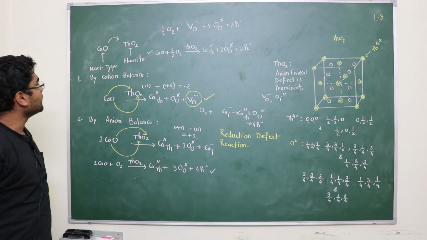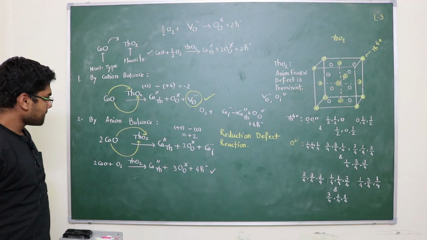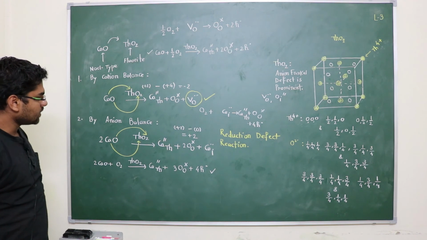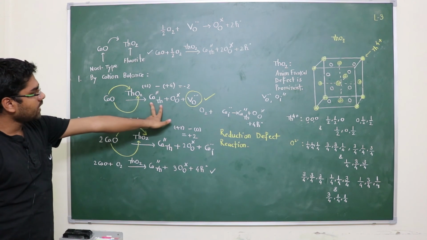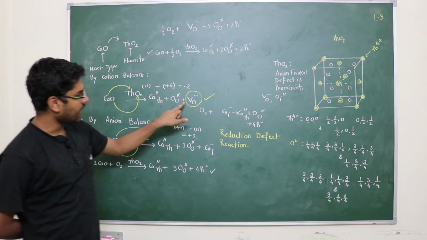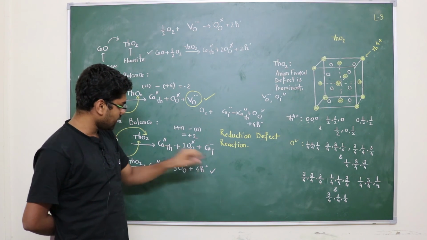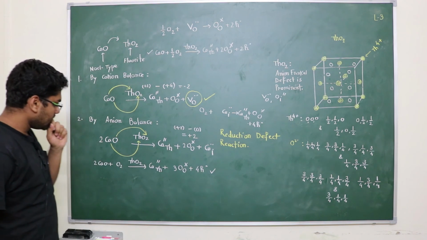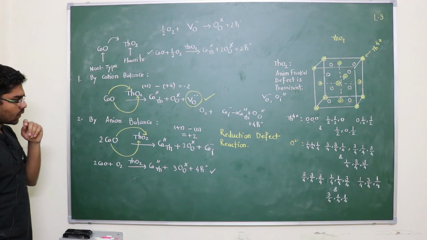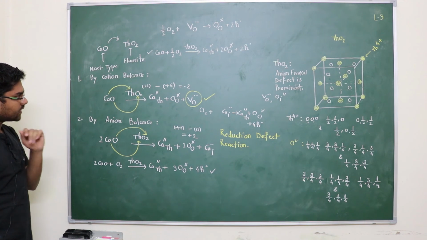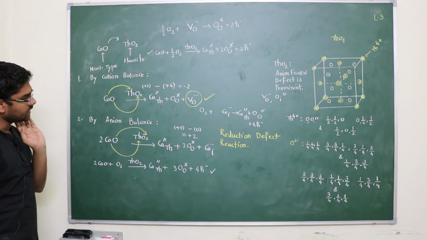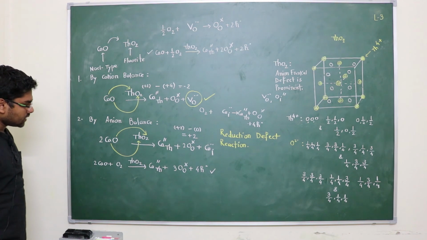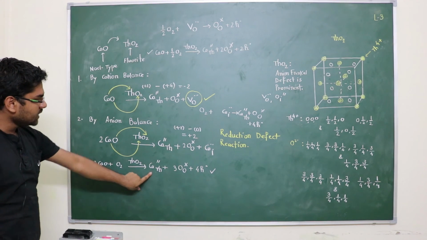One point we have to notice here: the defect species are calcium going to the Ti site, vacancy of oxygen, and calcium going to the interstitial site. Electron and hole are also defect species, but for the time being we are not considering electron and hole.